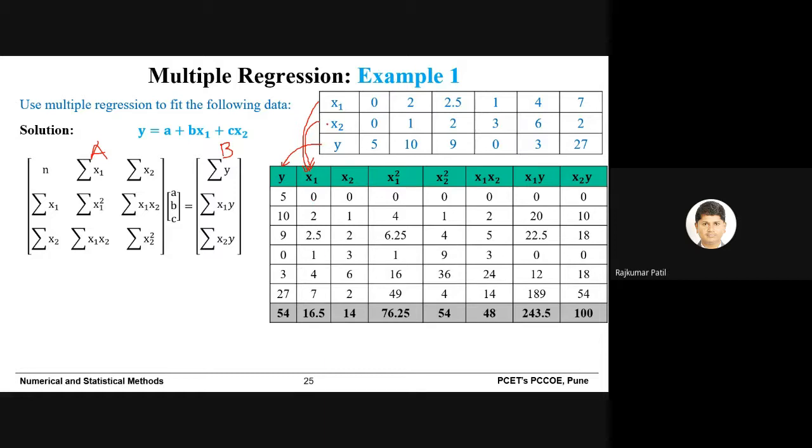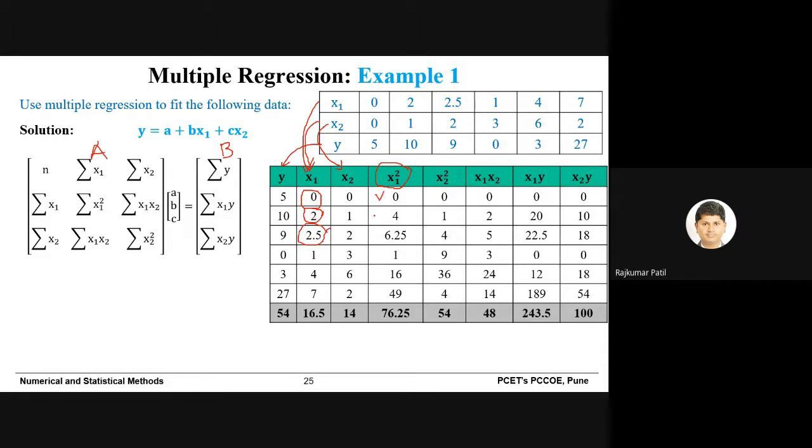In column number 3, you will put the values of x2. That you need to do carefully, because during that process you may put wrong values. So that's why carefully put the values of y, x1 and x2. Then when you look at the matrix, you need to prepare a column which will calculate the values of x1 square. So square of 0 will be 0, square of 2 will be 4, square of 2.5 will be 6.25.